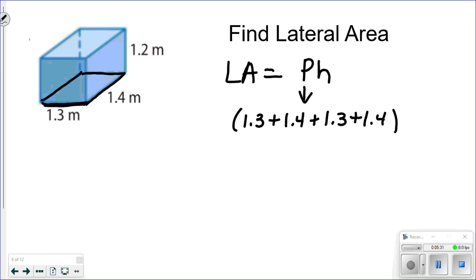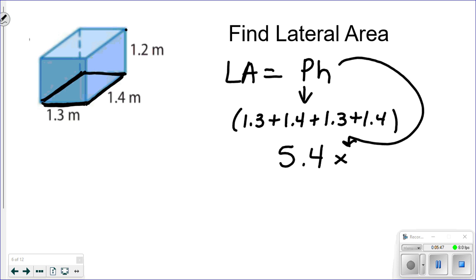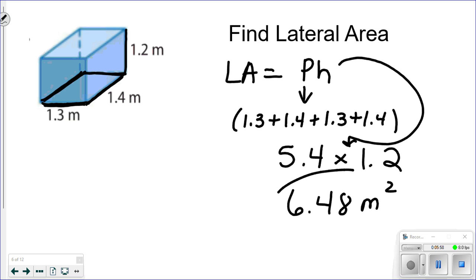That's my P, and I add those together and get 5.4. Now I'm going to multiply by the height, which is right here, and that's 1.2. That leaves me with 6.48 meters squared. That is how you find the lateral area.